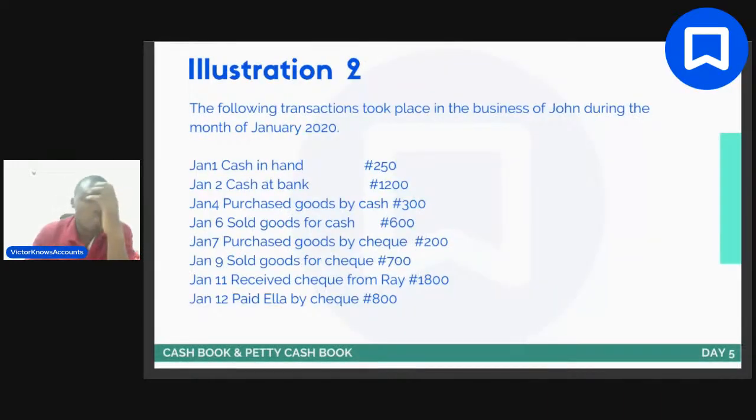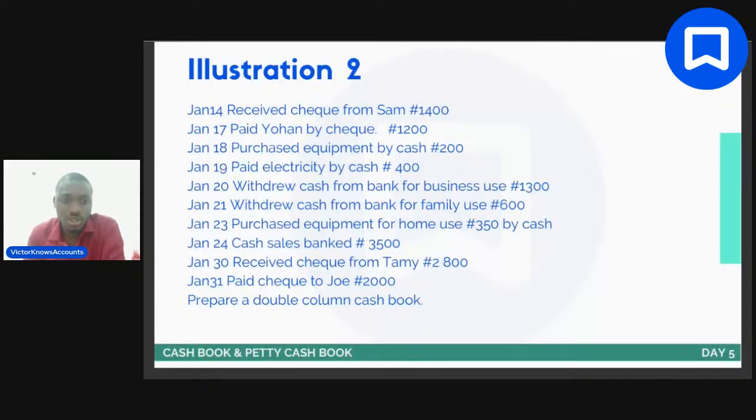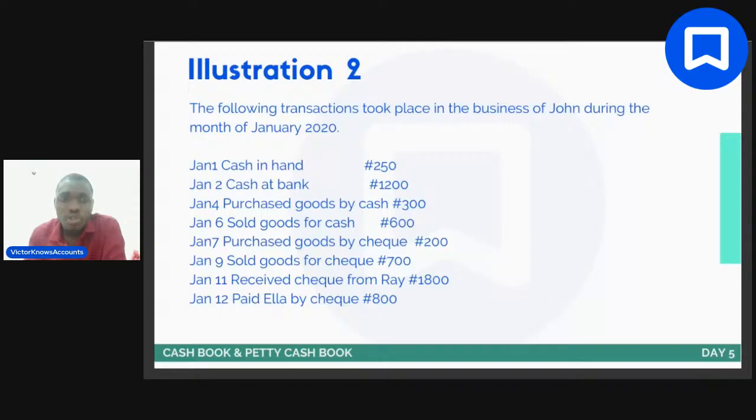So you can look through these transactions and please pay attention to it, and then you should be able to draw up a cash book from this. But if we look at the transactions, let's just say what would be done for every transaction.